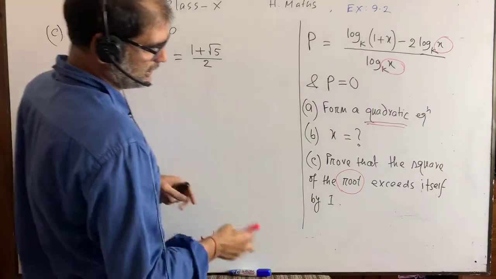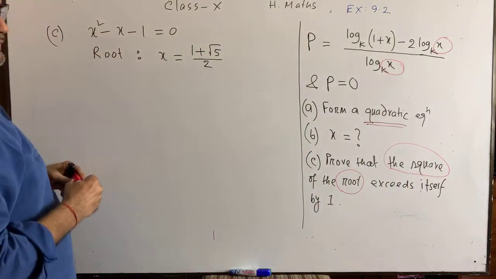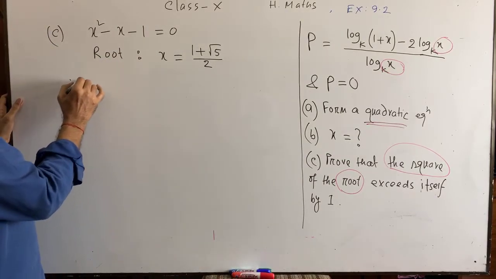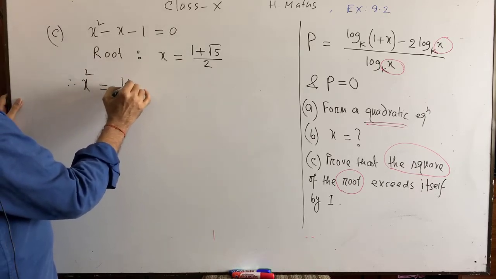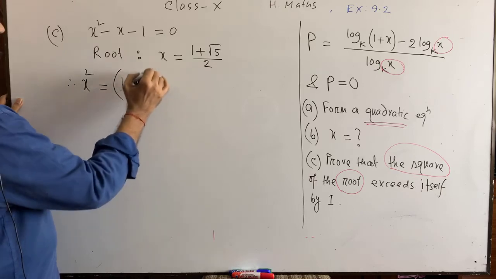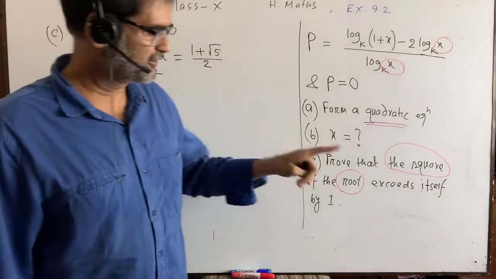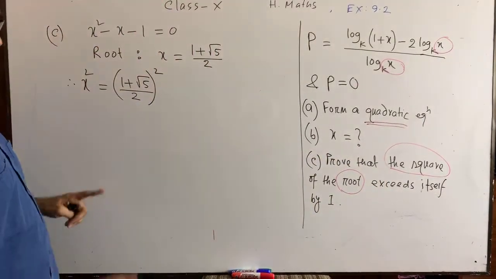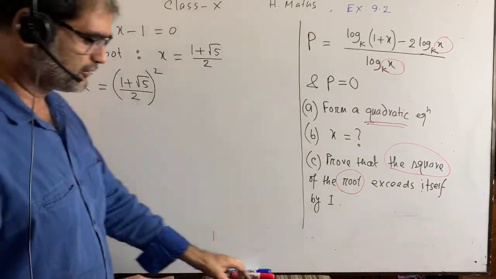You give emphasis here, the square. So we can write from here, therefore x square is equal to 1 plus root 5 by 2 whole square, right? Give emphasis on the words, the square of the root. Root means here solution, the value of x.